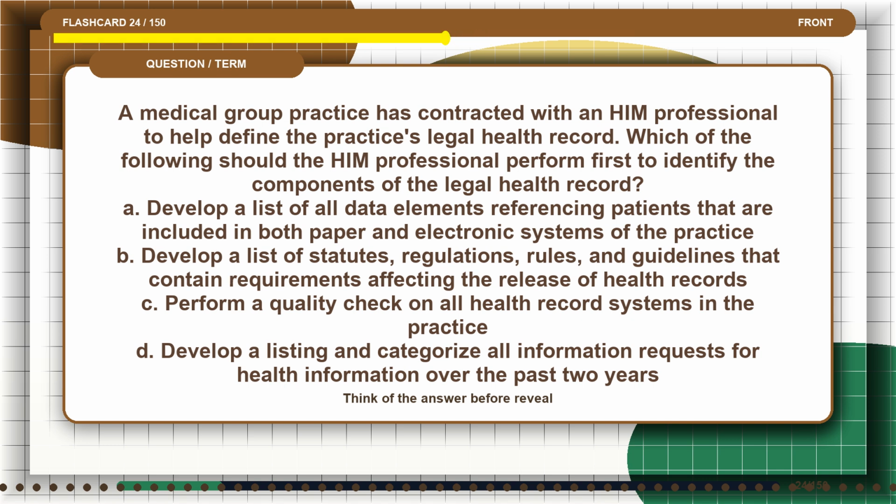B. Develop a list of statutes, regulations, rules, and guidelines that contain requirements affecting the release of health records. C. Perform a quality check on all health record systems in the practice. D. Develop a listing and categorize all information requests for health information over the past 2 years. Think of the answer before the reveal.